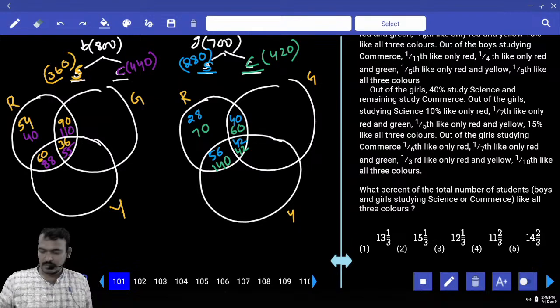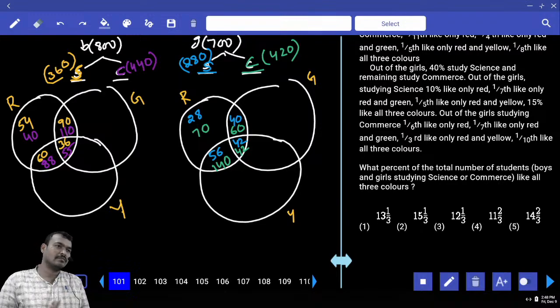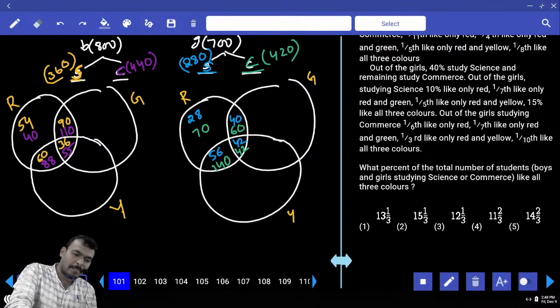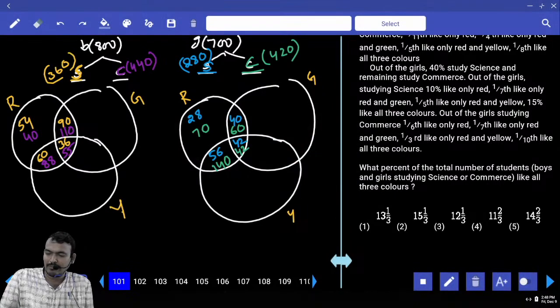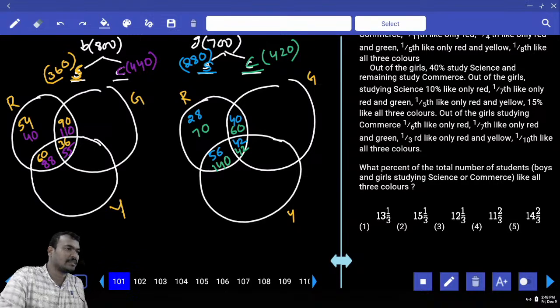Okay, what is the first question? It is only data. What is the first question? What percent of total number of students, boys and girls, studying science or commerce like all the three colors? In boys case, all the three colors means 36 plus 55.